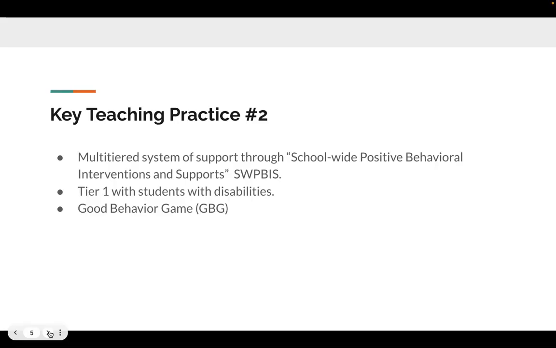Focusing on Tier 1, Tier 1 looks into preventing behavior frequently seen in students with disabilities and helping them in general education classrooms. The SWPBIS works under simple protocols like the good behavior game. This allows students with or without disabilities to participate in a game-like strategy.